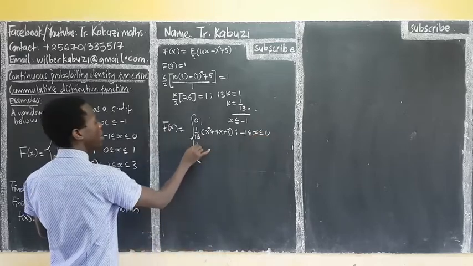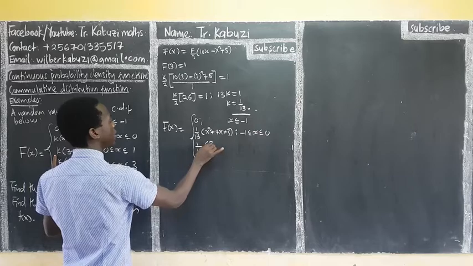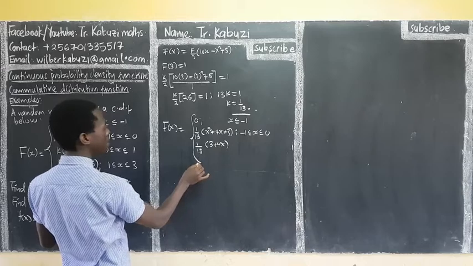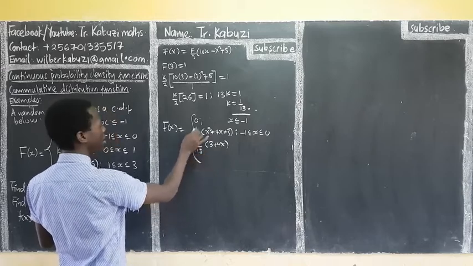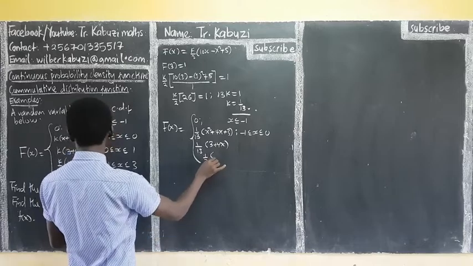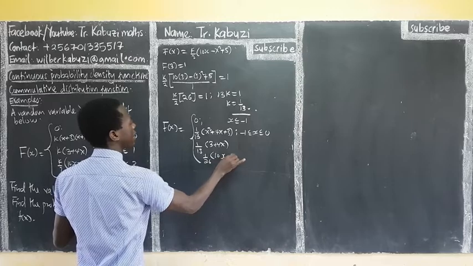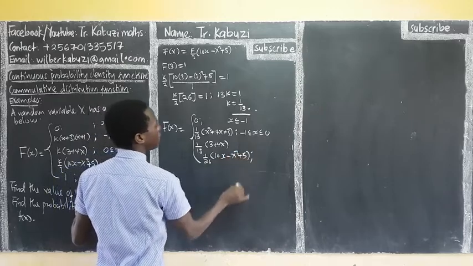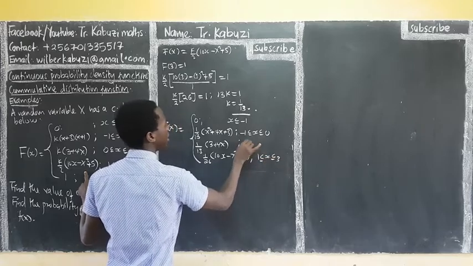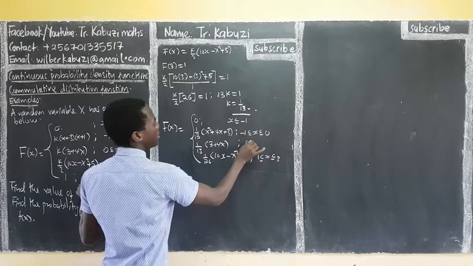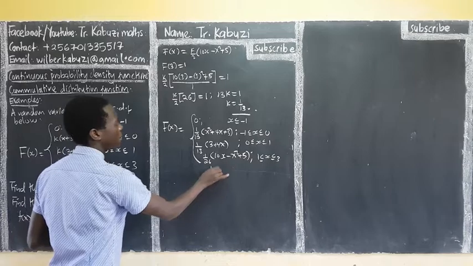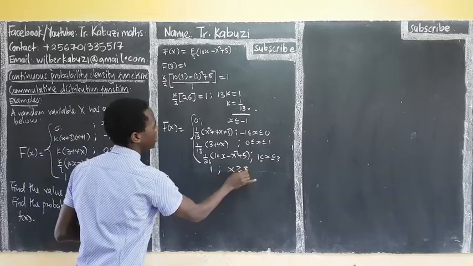Then this one was 1 over 13 into 3 plus 4x. Then this was 1 over 26 into 10x minus x squared plus 5 for the interval 1 less than x. Then this one, the interval here is between 0 less than x less than or equal to 1, and then a 1 for x greater than or equal to 3.